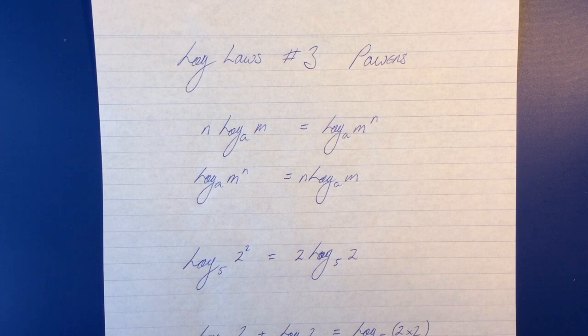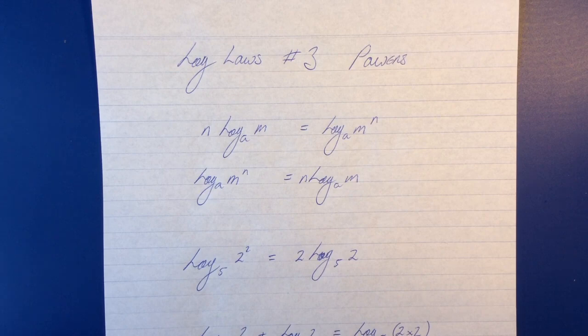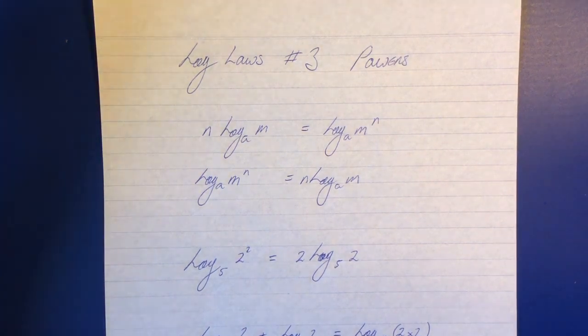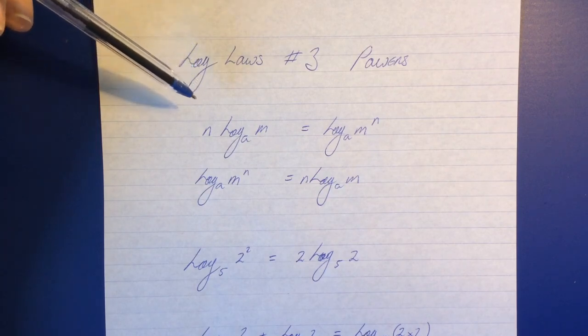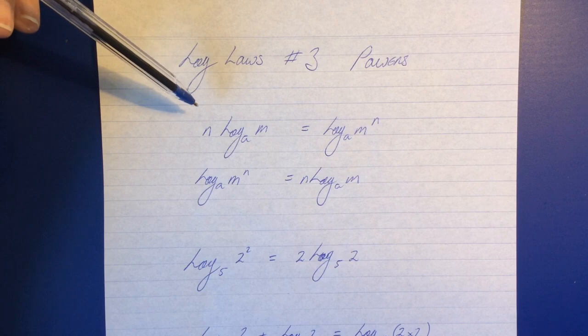Today we're going to have a look at what I've numbered the third log law, which is to do with powers. Now there's a bit to take in here, although the idea is very simple.